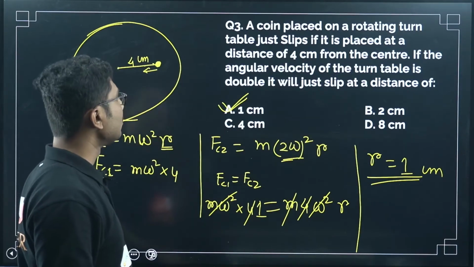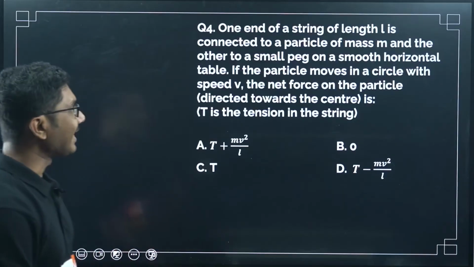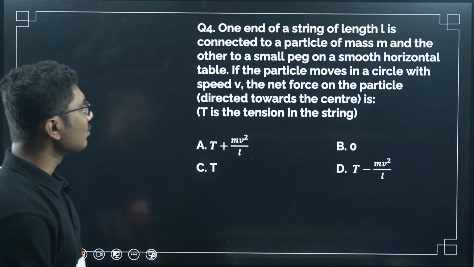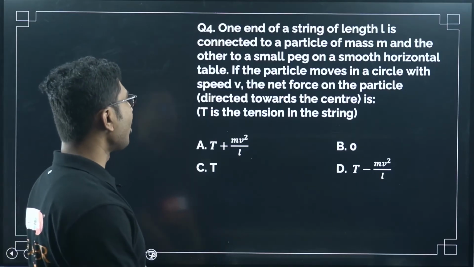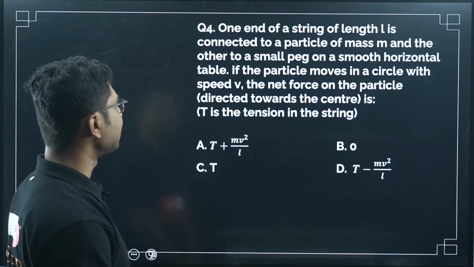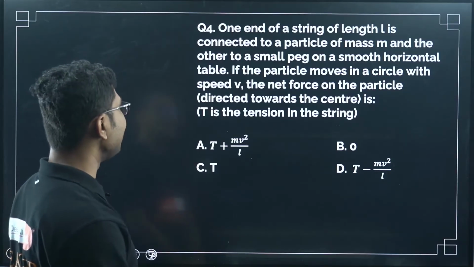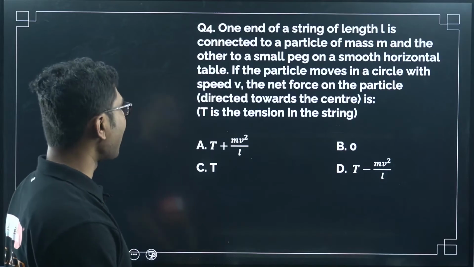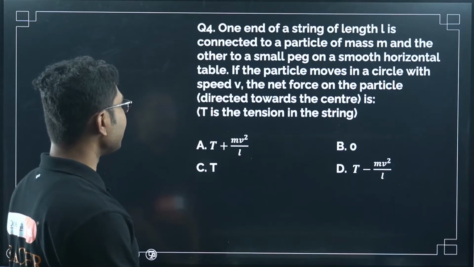Okay, now let's move on to the next question. 4. One end of a string of length L is connected to a particle of mass m and the other to a small peg on a smooth horizontal table. If the particle moves in a circle with the speed v, the net force on the particle directed towards the center is, T is the tension in the string.